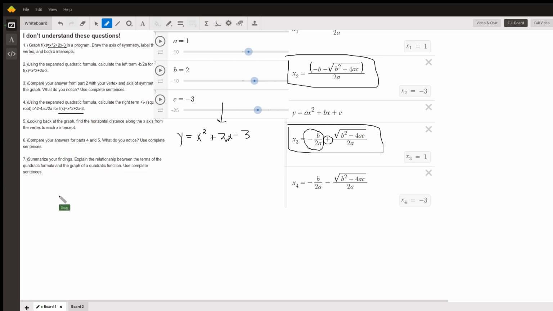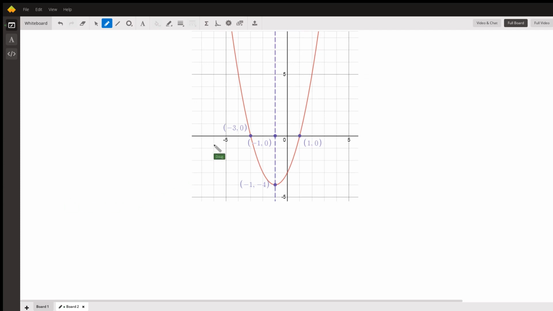Now, if I go to board 2, here's the graph of the function. And this axis of symmetry is the line x equals -1, and it hits the x-axis at (-1, 0). So the axis of symmetry of a parabola that opens up or down is the opposite of b over 2a.